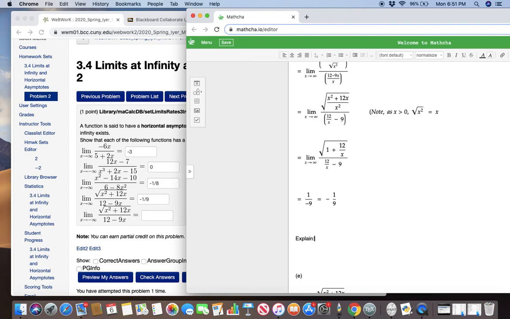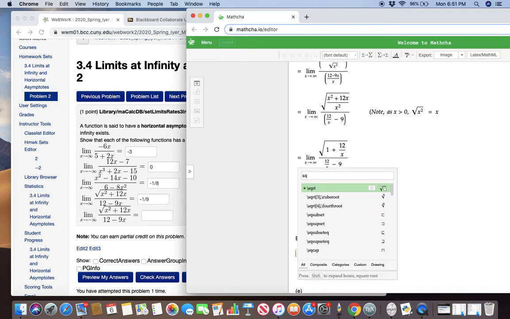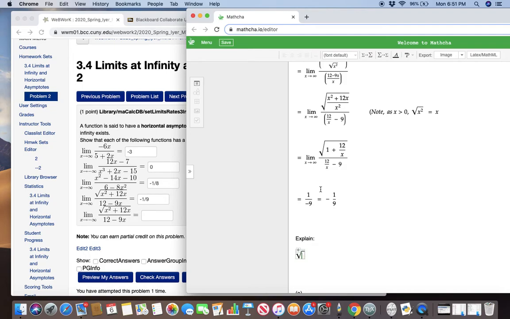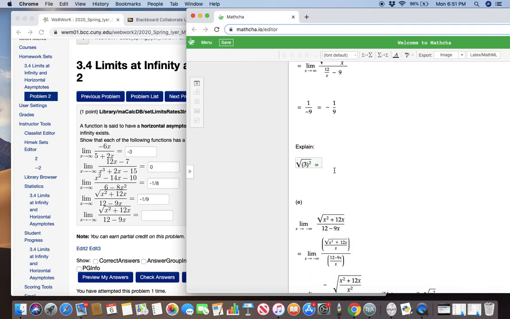Notice, when I take a positive number, if I want to take the square root of positive 3 to the power 2, this becomes the square root of 9, which is equal to positive 3.